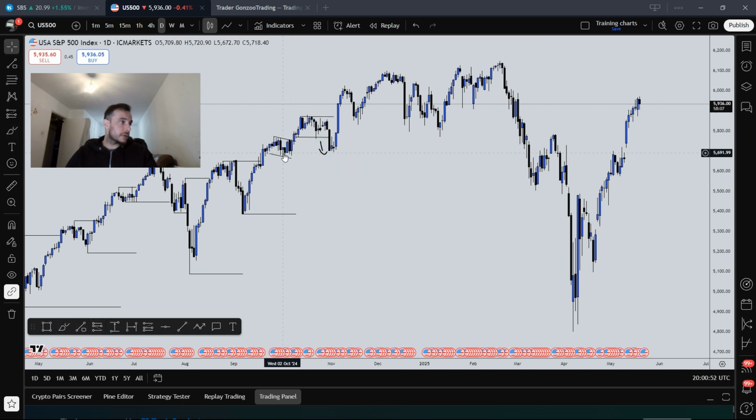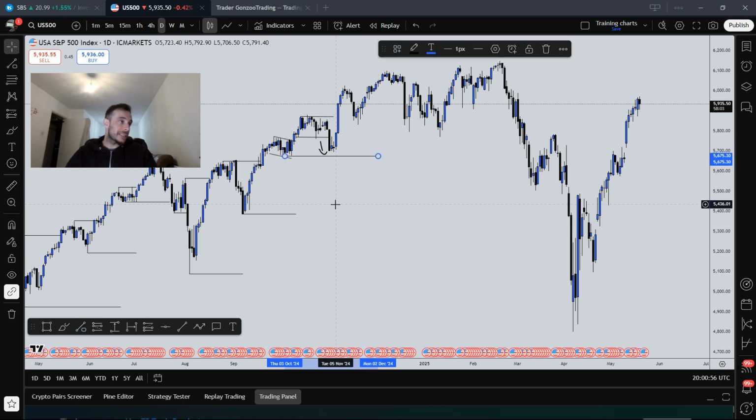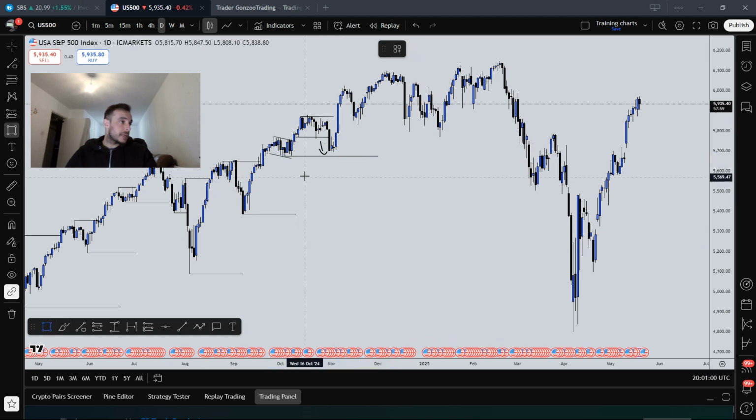However, because we are still on the bullish trend, because this low hasn't been broken, we will identify this as the last point of reference of this structure, and therefore the reason why the market moved to the upside.